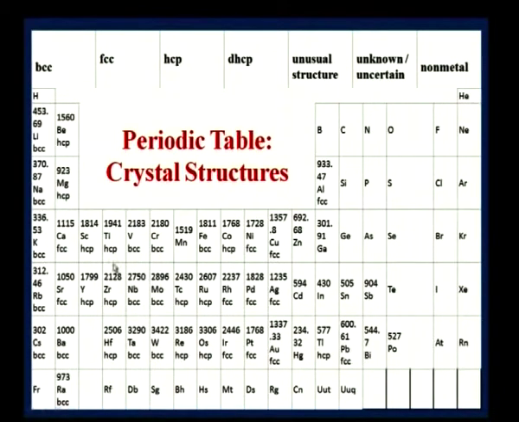Now look at the fourth group: titanium, zirconium and hafnium. What are the structures? Titanium is crystallizing in the HCP structure, zirconium also is in the HCP structure, hafnium also is in the HCP structure. So, this is one of the important structures in which solids crystallize.